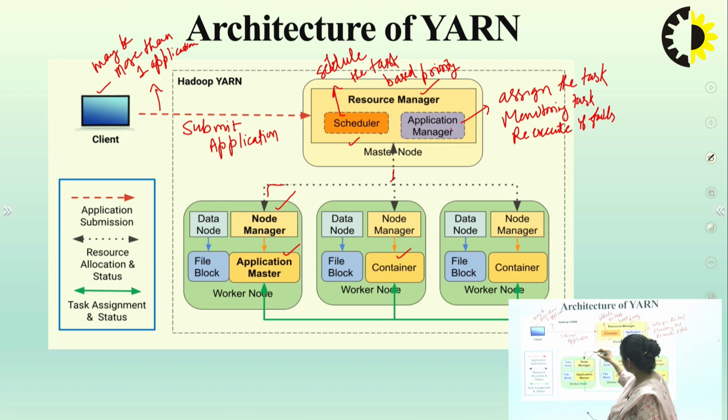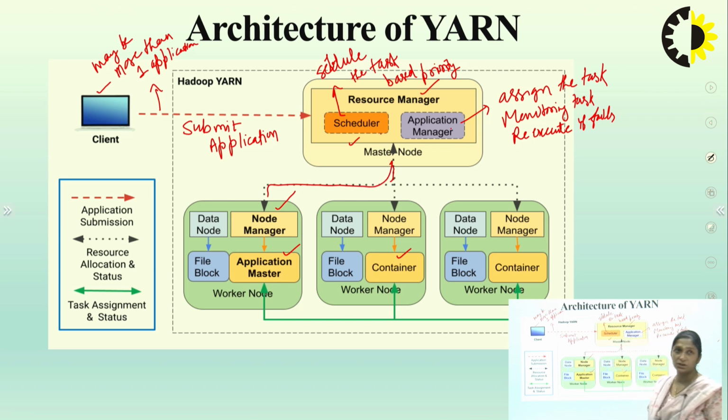this node manager is connected with this resource manager. Means this node manager sends a signal in the form of a heartbeat to the resource manager every 3 seconds, as you have already studied in HDFS. Means this node manager sends the signal to the resource manager periodically. Now, this application master will request the resource manager for a container.